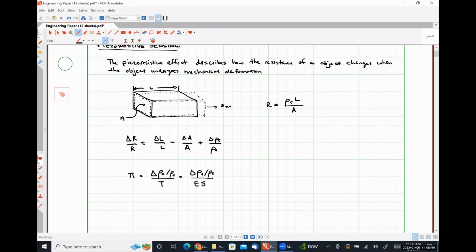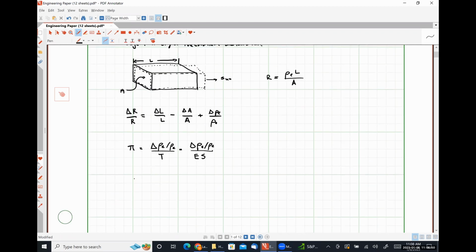Okay, so another important figure of merit that we are going to use to characterize the piezoresistive effect is what's known as the gauge factor. So our gauge factor, GF, is defined as the fractional change in resistance per unit strain.